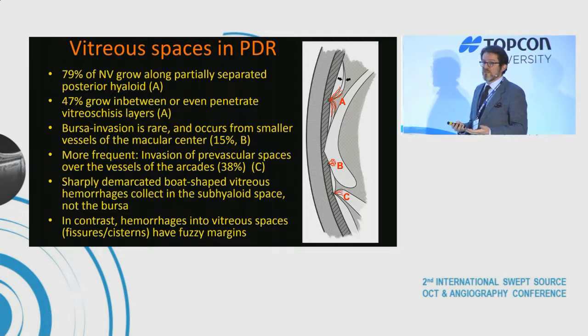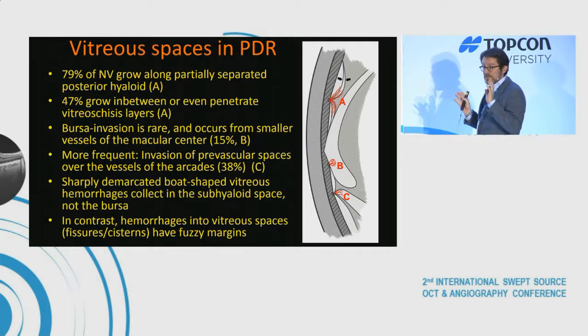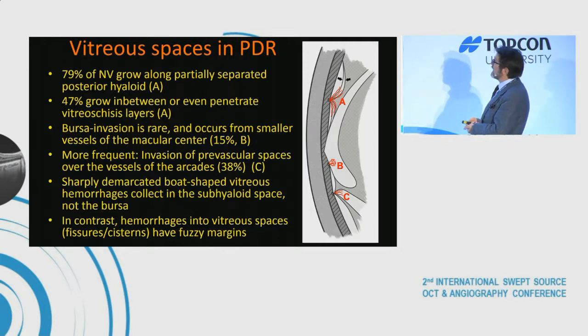But how is this at all relevant? I think where it's most relevant from a surgical perspective, there may be other physiological roles of the bursa, but where it becomes pathologically important is in proliferative diabetic retinopathy. We published this in Retina with tons of OCT images if you're interested, but just schematically, where it's important is in terms of which spaces the blood vessels proliferate in.